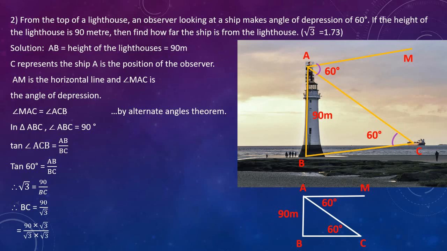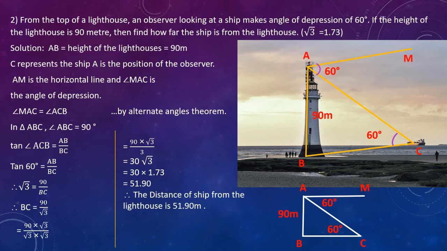So we get 90 into root 3 upon root 3 into root 3, which is 90 root 3 upon 3, which is equal to 30 root 3, which is 30 into 1.73, as the value of root 3 is given as 1.73 in the question. When we multiply, we get 51.90. So the distance of the ship from the lighthouse is 51.90 meters.